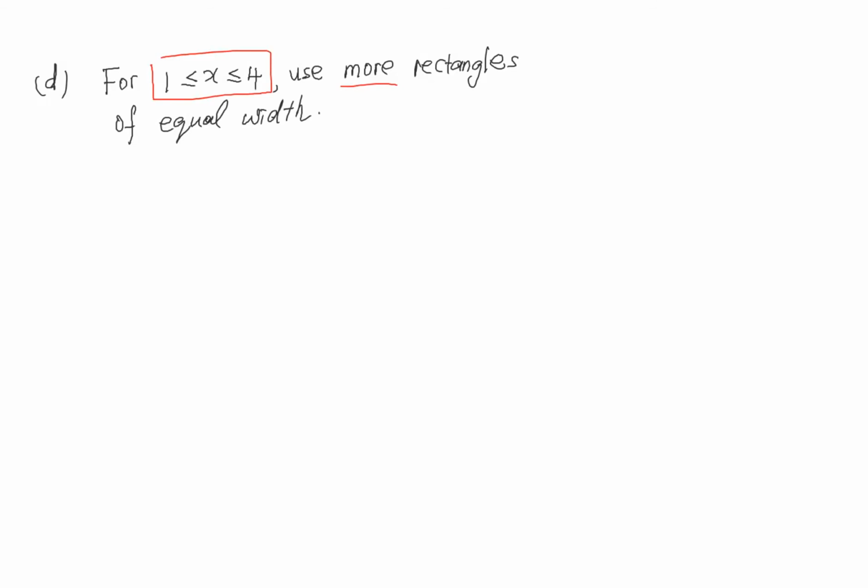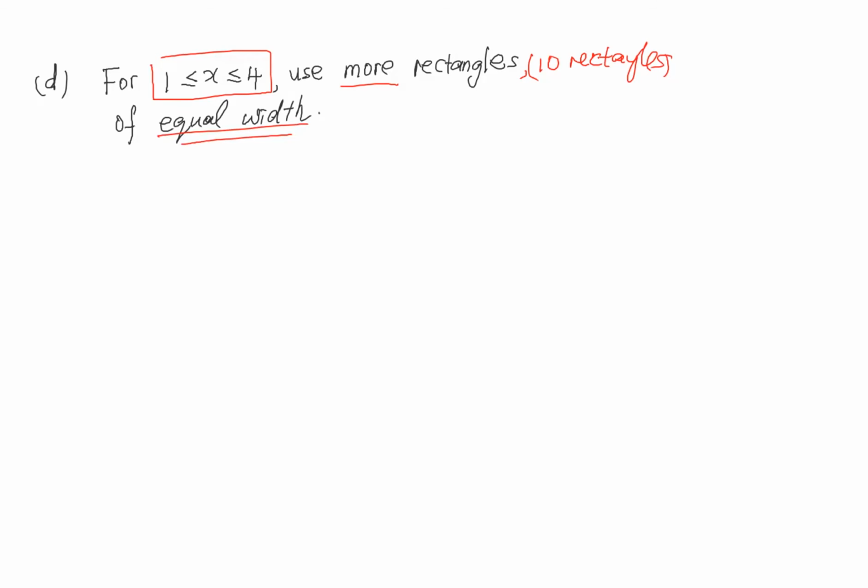If you want to give an example of the number of rectangles, up to you. For part C, I use 6 rectangles. You can say 10 rectangles if you want to. If you don't mention, it doesn't matter. And equal width. If you don't mention equal width, that won't give a better approximation.